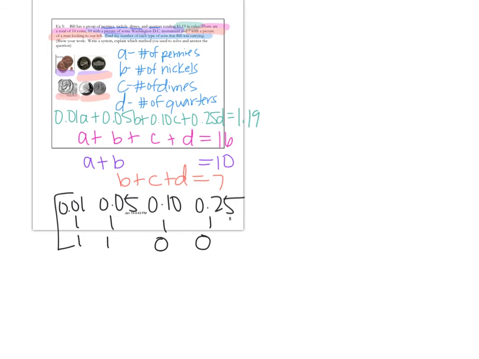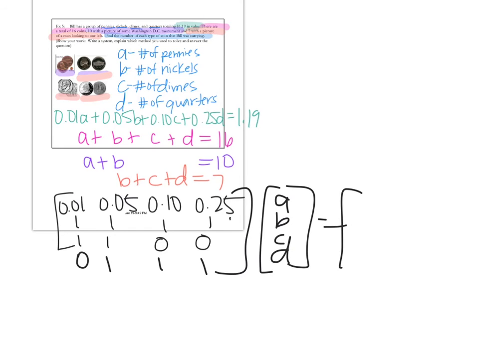And then the bottom row is 0, 1, 1, 1. A, B, C, D equals 119, 16, 10, 7.